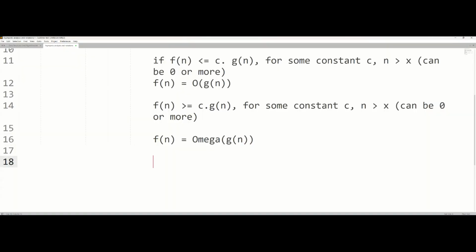Likewise, for theta notation, f of n is going to sit between two values, so it says c1 into g of n, because that's the average case time complexity, is less than or equal to f of n, which is less than or equal to c2 into g of n. Now this is the average complexity or the average running time, and this is when you say that f of n is equal to theta of g of n, okay?